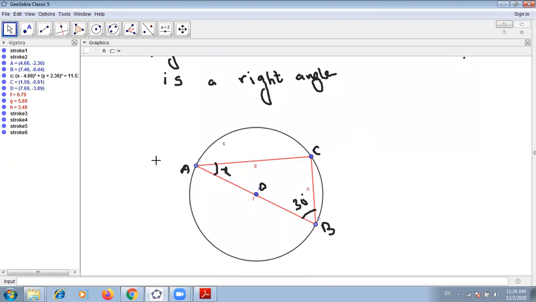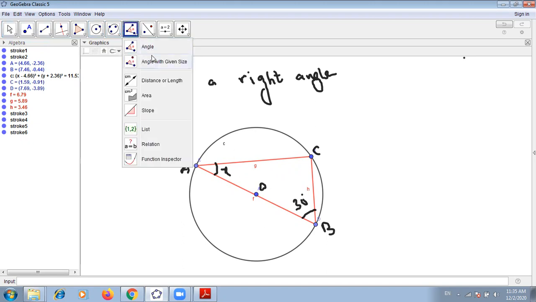That is the center of the circle, and AB is a diameter of the circle as it passes through the center. So how can we find the value of x? We have to remember that the angle inscribed in a semicircle, because AB is a diameter, is a right angle. So we can say that this value is 90 degrees. We can measure it with the help of this software.